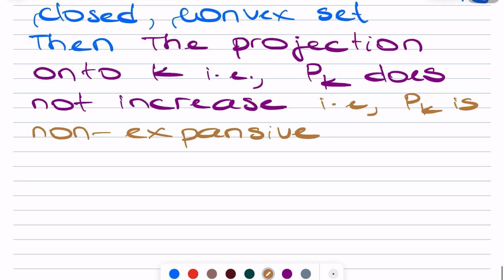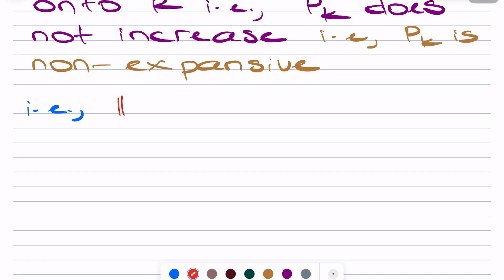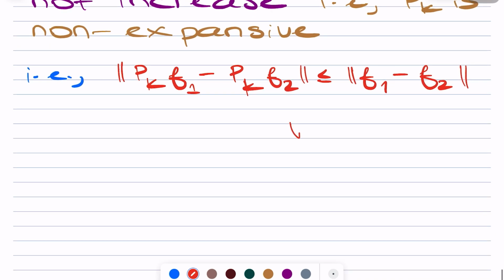Okay, well, so this means that the norm of the projection of f1 onto K minus the projection of f2 onto K is less or equal than the norm of f1 minus f2, of course for every f1, f2 in H. Okay, good.